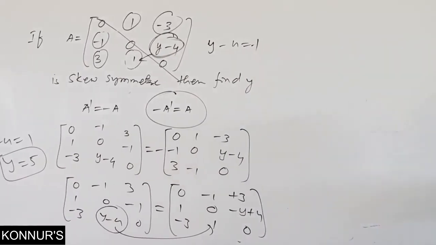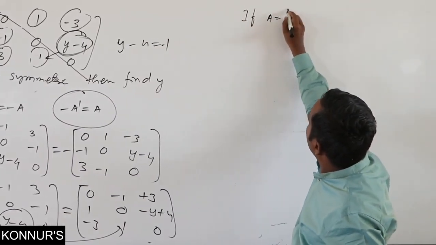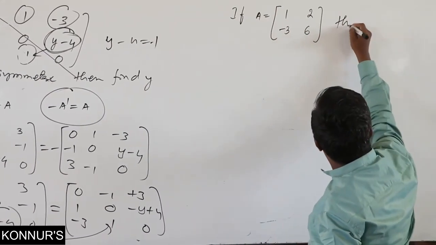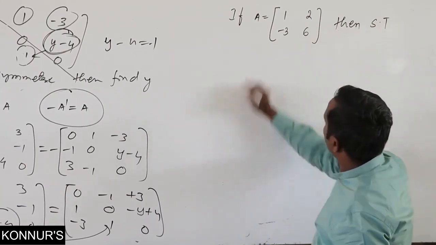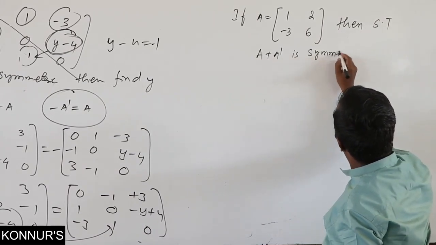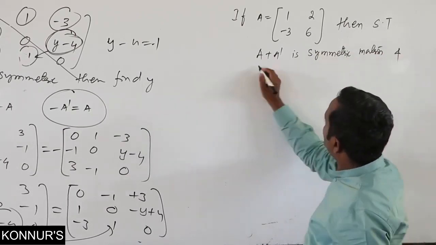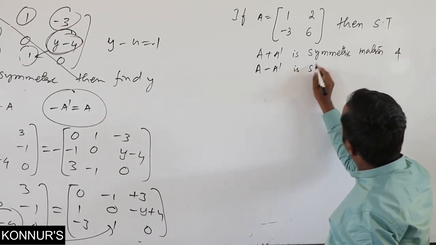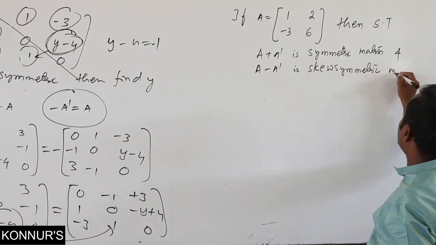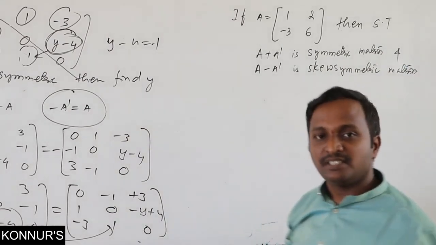Observe the point. I will make it generalized later. If A equal to 1, 2, minus 3, 6, then show that A plus A dash is a symmetric matrix and A minus A dash is a skew symmetric matrix.